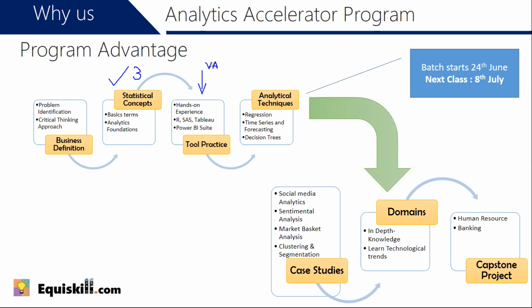And then along with that, we actually kick off R. So you will see that we will go into regression, forecasting, decision trees, a lot of different techniques like sentiment analytics, market basket analysis, clustering of customers, social media analytics, all the advanced techniques in R.